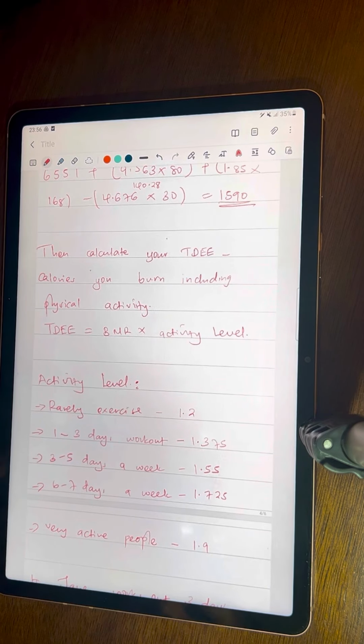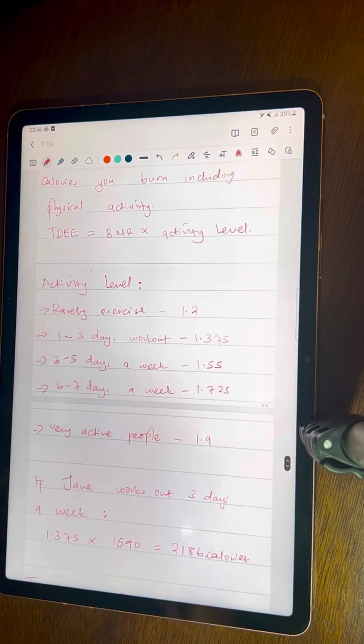Now, this is where you need to be very, very careful with the numbers, because if today I picked a higher activity level and multiplied it with my BMR, then it's going to give me a higher number of calories, and that's going to mislead me if I am going to use the calories.